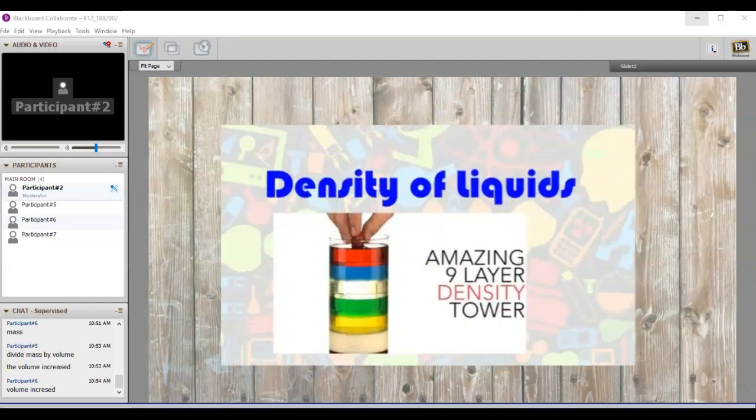And as you're writing that down, I'm going to get us set up here for our next little video. This is going to show us how the density of liquids works. And this is a really cool video. And while you watch this too, I'll also give you a second.